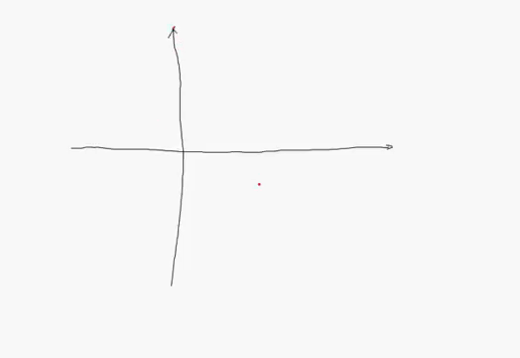And let's get the graph of y equals cosine of 2x on 0 to pi.